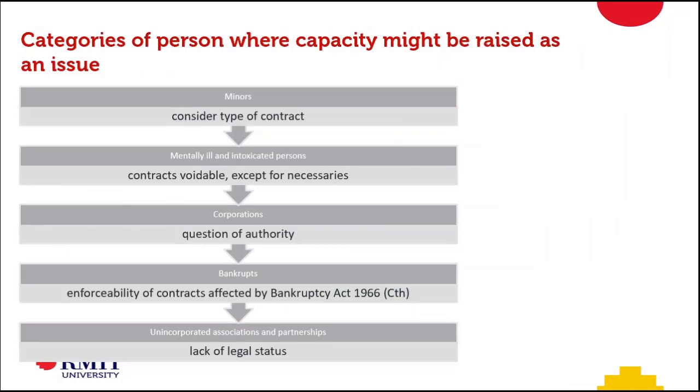Categories of people where capacity might be raised as an issue include minors, the mentally ill and intoxicated. I don't know that it's fair to bundle them, but otherwise the print gets too small. Corporations, there's no real question about whether a corporation can enter into a contract or not. Corporations have capacity to enter into a contract. The real question there tends to be, and you don't need to know this particularly for this subject, you will come across it in company law, a question of authority.